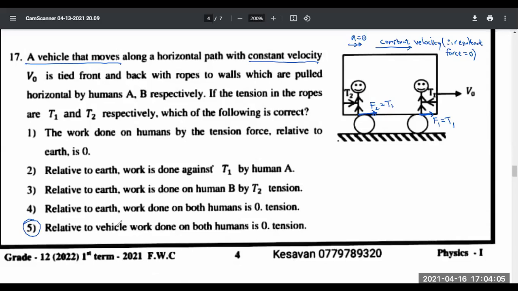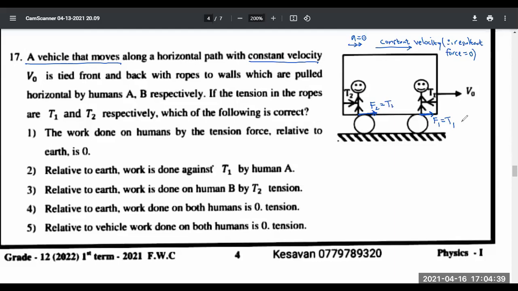Okay, fourth and fifth. Relative to the vehicle, work done on both the humans is 0. Relative to earth, work done on humans by the tension force is 0. Work done by the tension means there is a tension acting on the person and the object is moving a certain distance.